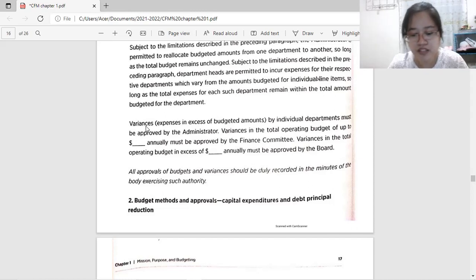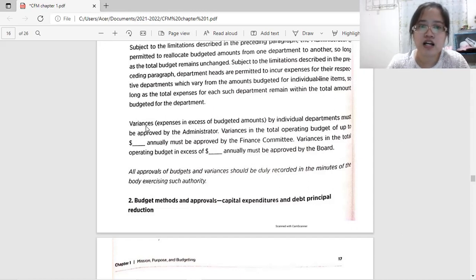In terms of management, for churches or nonprofit organizations, the management is normally called the board of trustees. For for-profit businesses, it's called the board of directors. But for non-profit, it's board of trustees.